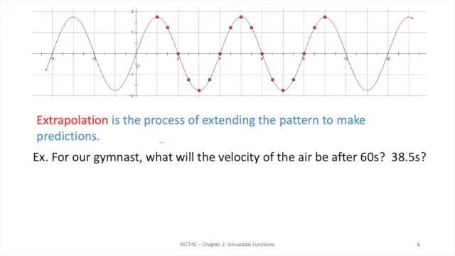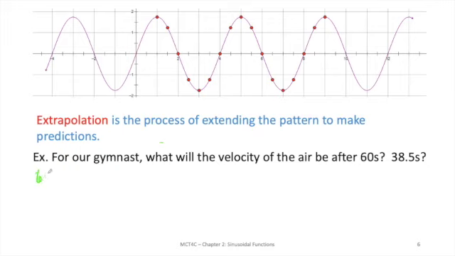So we need to extend this pattern. So we only have our graph up to about 13 seconds. We need to extend our graph to figure out what it's going to be after 60 seconds, 38.5. So you can just use some points in the pattern to help you. You don't actually have to draw it all the way over to 60 seconds.